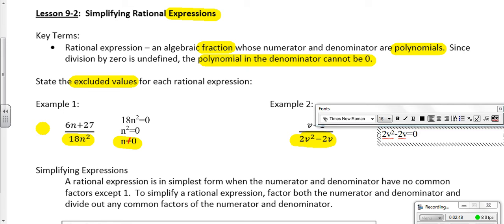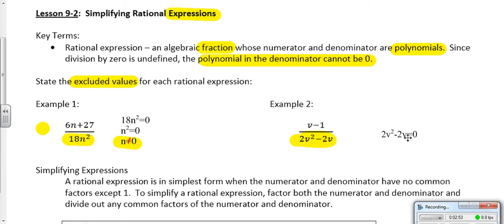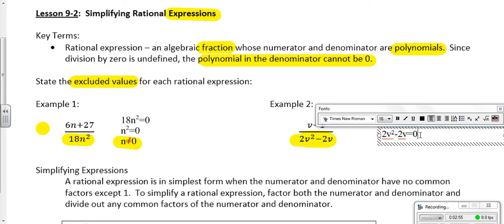Well, if you notice, you have 2v squared minus 2v, which means they have something in common. So let's factor that, and that's going to be a lot of what today's lesson is about anyway. I can factor a 2 out and a v out, and if I do that, I end up with 2v times v minus 1 in parentheses equals 0.